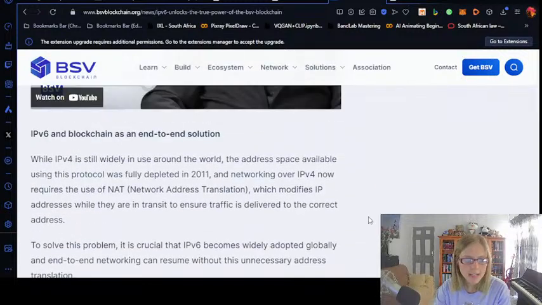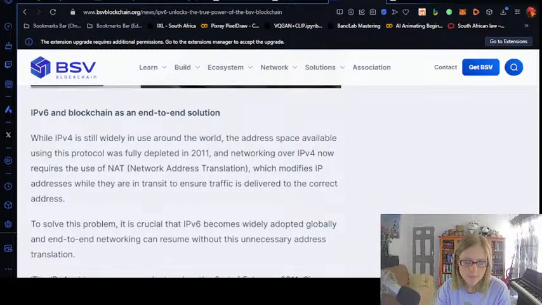And then just to carry on here, while IPv4 is still widely in use around the world, the address space available using this protocol was fully depleted in 2011, and networking over IPv4 now requires the use of NAT, Network Address Translation, which modifies IP addresses while they are in transit to ensure traffic is delivered to the correct address.